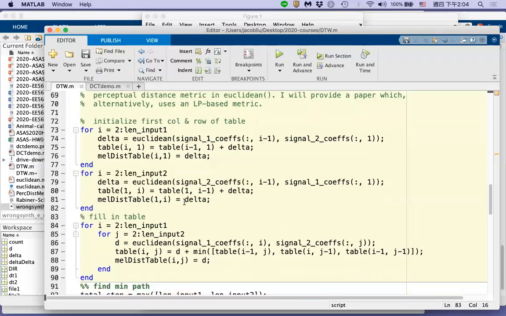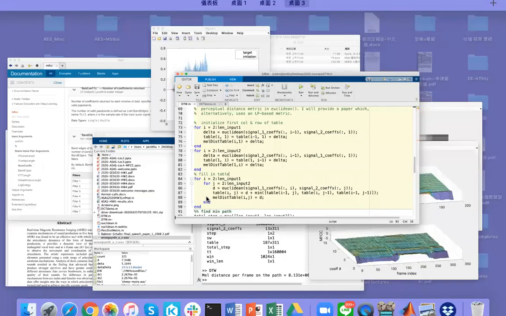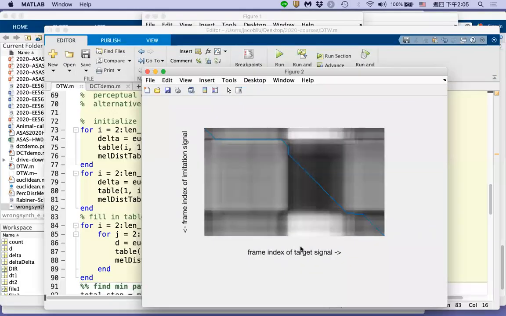Based upon the distance, it works out how similar each frame in the target is to each frame in the faking one. So it finds the path, which is shown here.